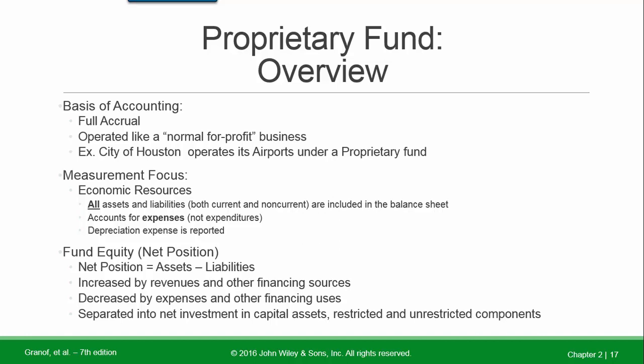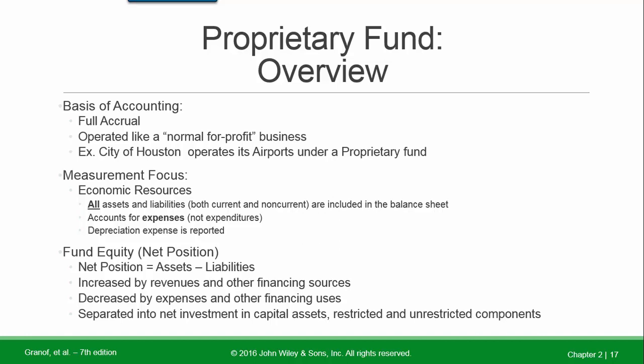Proprietary fund overview. Basis of accounting: full accrual accounting, operated like normal for-profit businesses. Measurement focus: economic resources. All assets and liabilities, both current and non-current, are included in the balance sheet. Accounts for expenses because it's full accrual accounting.